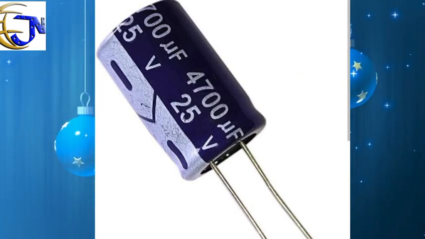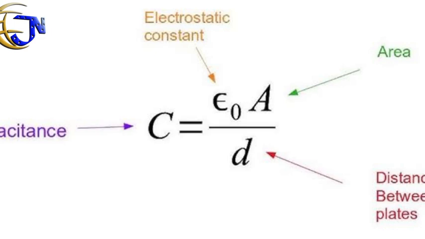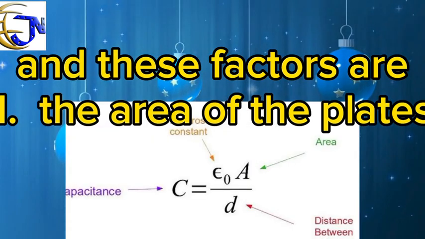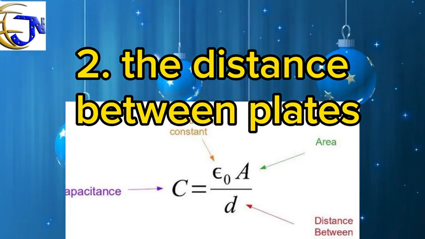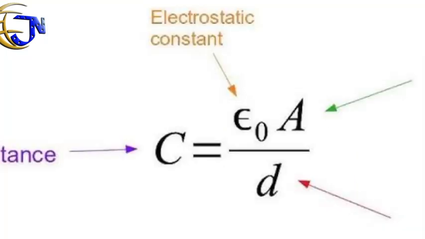They are represented by this. And these factors are the area of the plate, the distance between plates, that's d, and the nature of the dielectric material used. Please when you're looking at this formula, it will help you remember the factors that affect each of them.